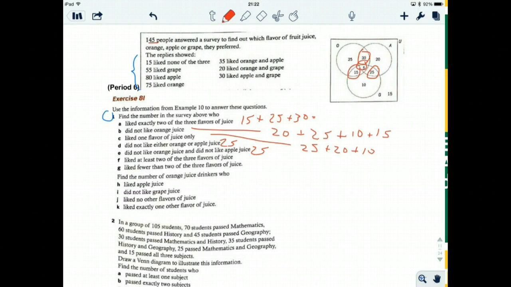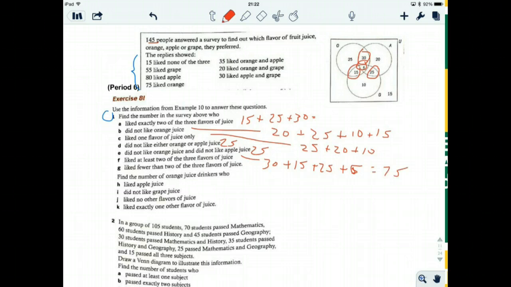So that would be 30 plus 15 plus 25 plus 5, which would be 75. Oh my gosh, look at that terrible writing.